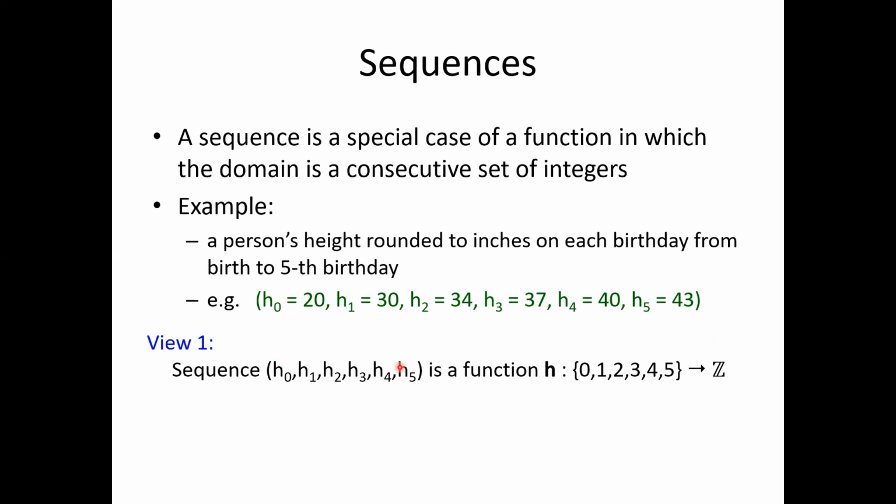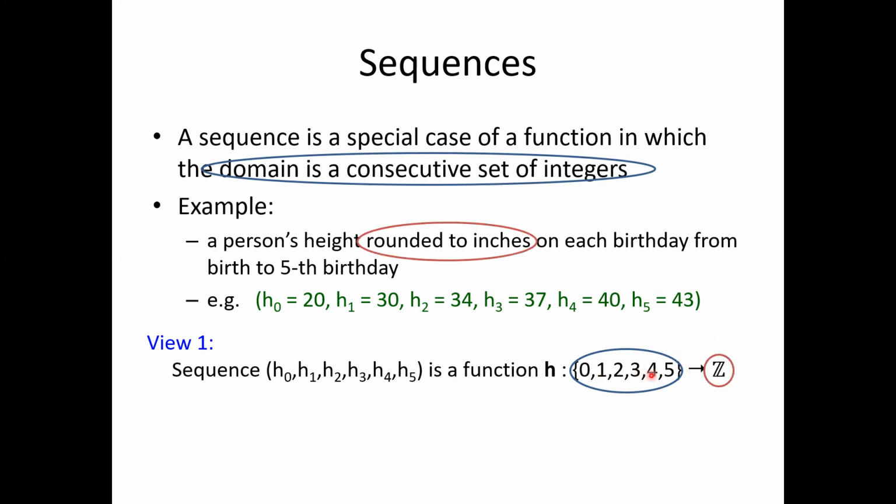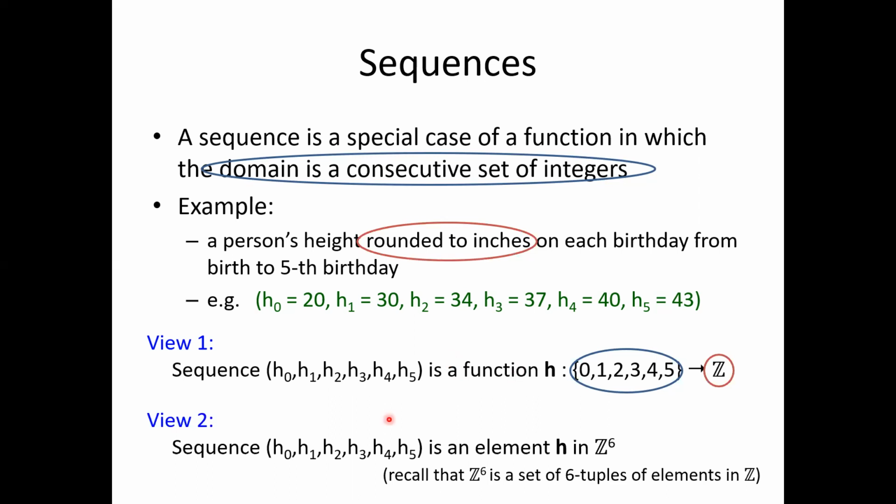So that's another way of viewing a sequence. The domain in this case is the consecutive integers from 0 to 5, and the range is integers. It could also be naturals, because nobody has a negative height. Before, we looked at sequences as elements in a Cartesian product.